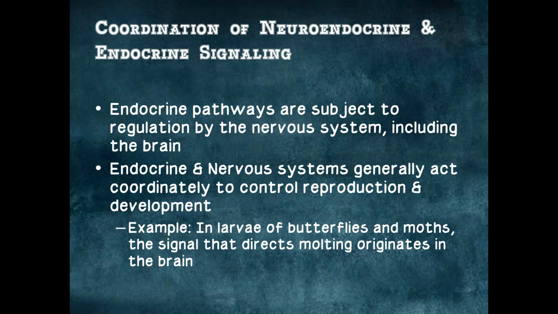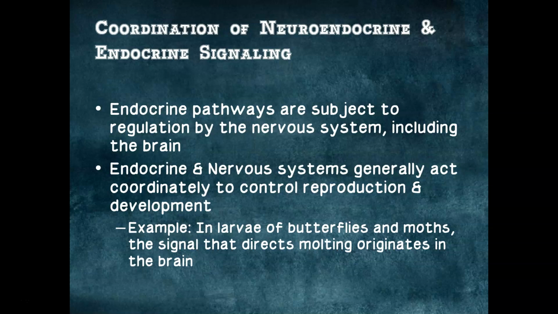And although overarchingly we're sitting here focusing on what this looks like in the human body, let's take a step back real quick and just remember that this stuff is going on in other organisms as well. In fact, it does a lot of control of reproduction and development in all sorts of organisms. One particular example is the larvae of butterflies and moths.